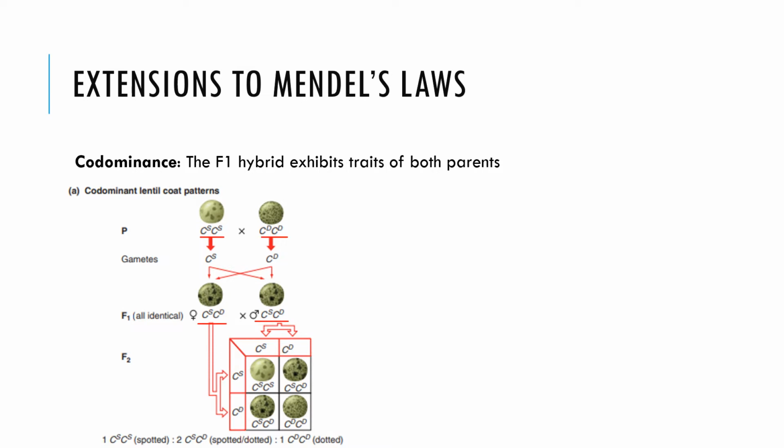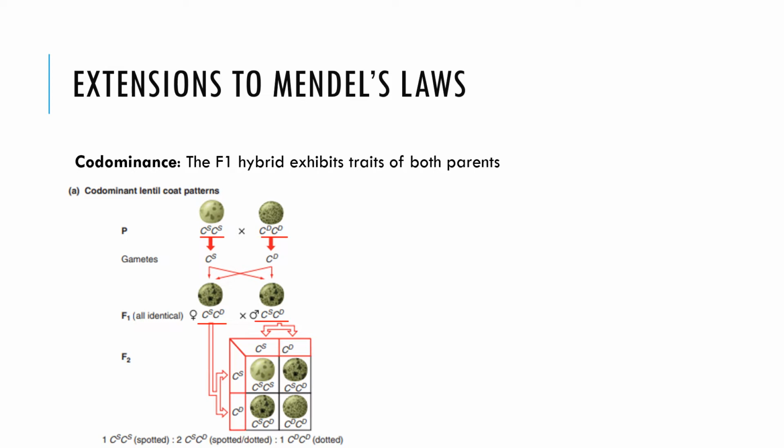These first filial generation hybrids illustrate a second significant departure from complete dominance. They look like both parents, which means that neither the spotted nor the dotted allele is dominant or recessive to the other, because both traits show up equally in the heterozygote's phenotype. The alleles are termed codominant.